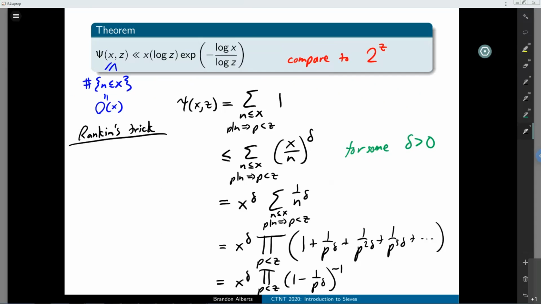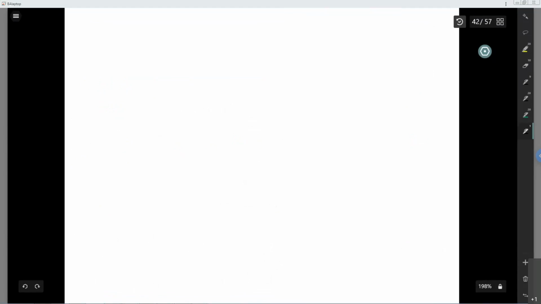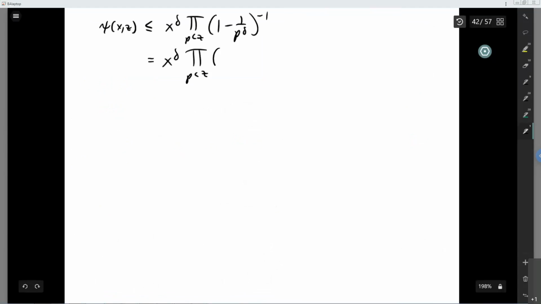And then a little bit later, I'll mention the main result that tells you how fast this type of product grows. So this function is bounded above by x to the delta, product of p less than z of this product. Now, I really don't want the inverse on top, so I'm actually going to factor this.